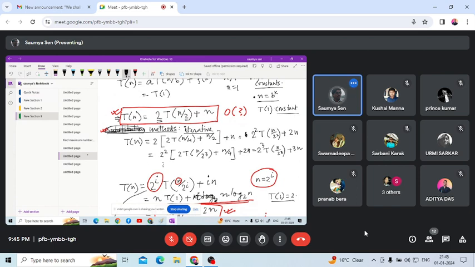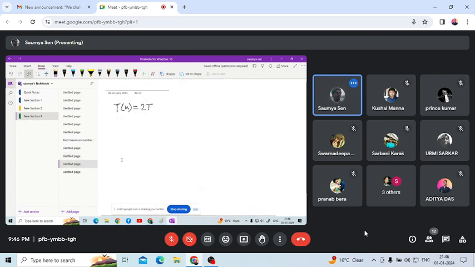So it is the iterative method. Another method which I will now discuss with you is the substitution method. The recurrence equation is, say, T of n equals 2T within the first bracket floor of n by 2, plus n.